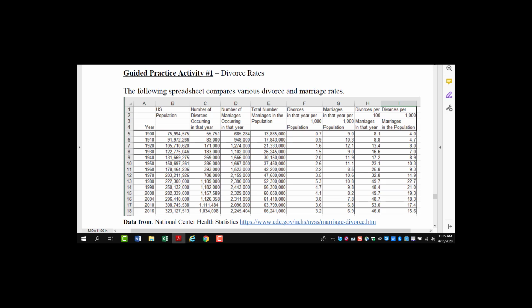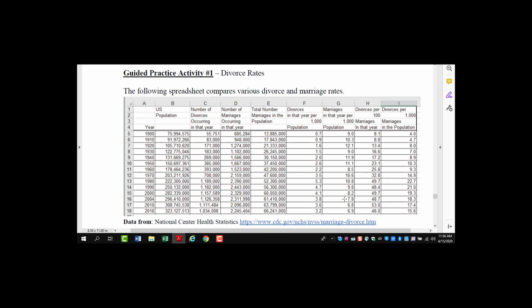So we're just going to look a little bit at divorce rates, and here are divorce rates, and here's 2004, and these are a number of divorces, etc. And here are some rates. We're going to pick one of these rates to dive into a little bit more. This one here, this 3.8, means there were 3.8 divorces in that year per 1,000 people in the population.